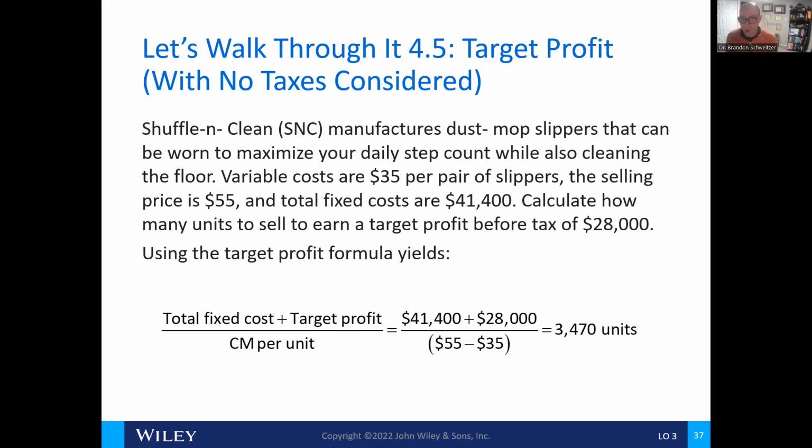So we take fixed costs $41,400 plus the target profit $28,000 divided by the contribution margin per unit, sales price minus variable costs, which gives us the 3,470 units we must sell in order to generate a target profit of $28,000.